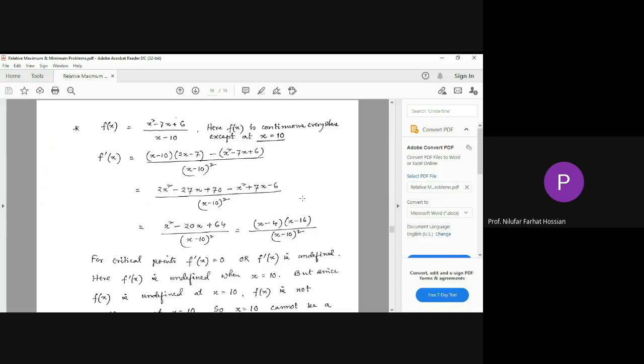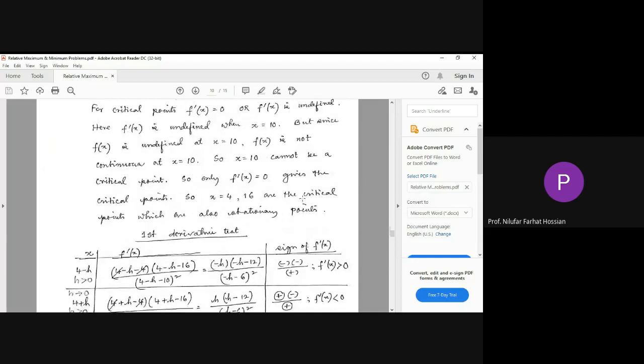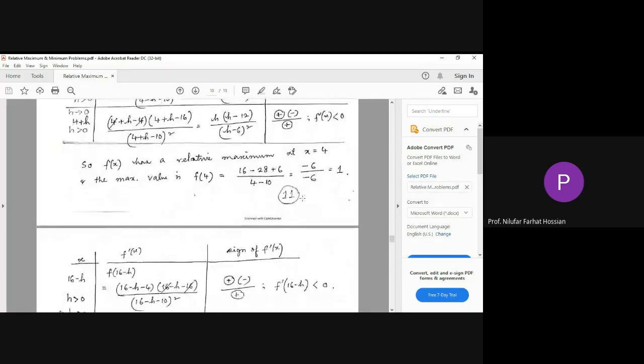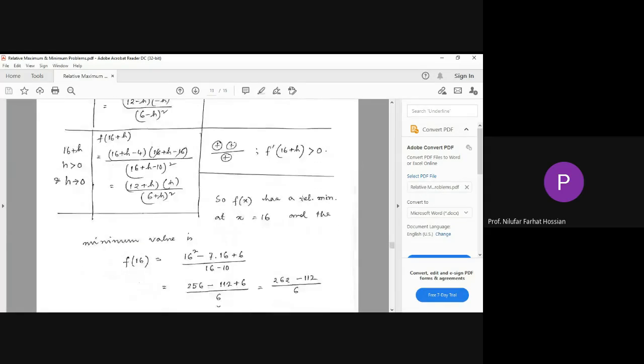The method is not different for critical or stationary, because stationary points are also critical points. All the methods are for critical points, to decide whether the critical point is a maximum or minimum point. Okay, no change in the method.